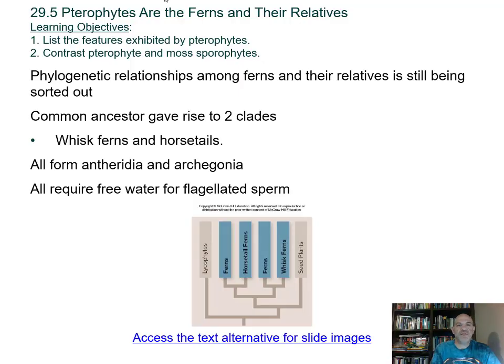The pterophytes are a group of plants that include the ferns and their close relatives, and formally they belong to the phylum Pterophyta. Make sure you're familiar with that term. The learning outcomes for this section are to list the features we see in pterophytes and contrast pterophyte and moss sporophytes.